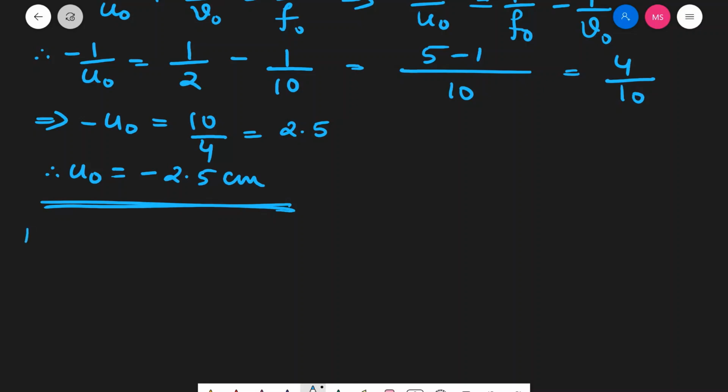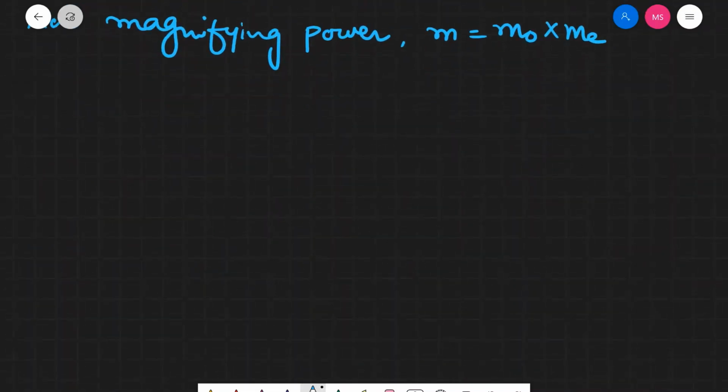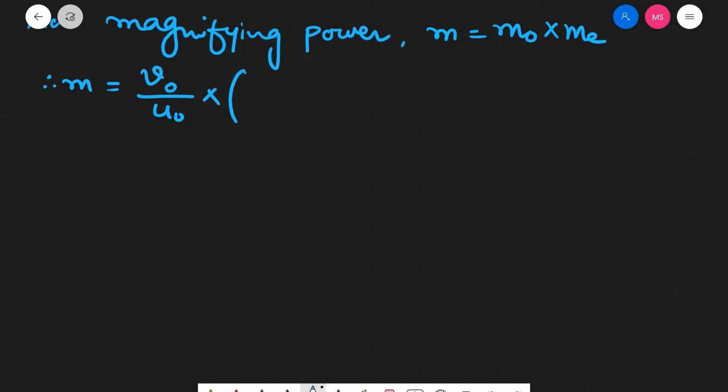Now magnifying power M is actually given as MO into ME. So therefore we can say that M will be equal to MO, which is image distance to object distance, into, for near point, magnification for eyepiece, which is 1 plus D by Fe.